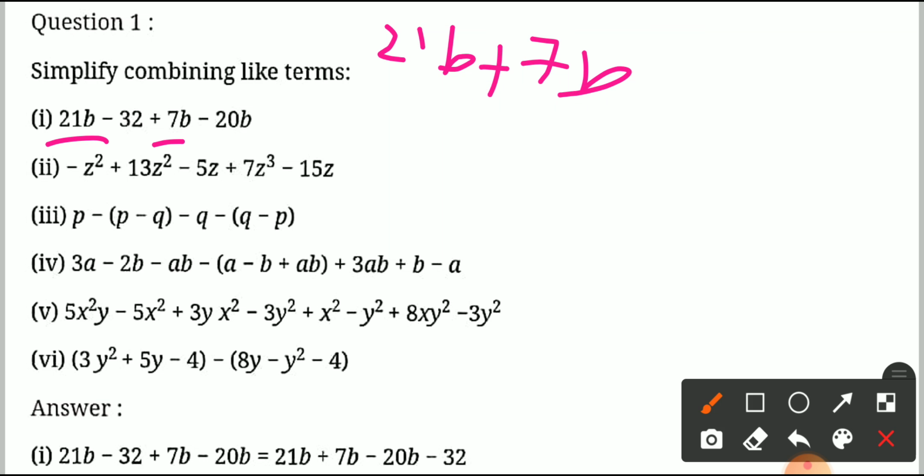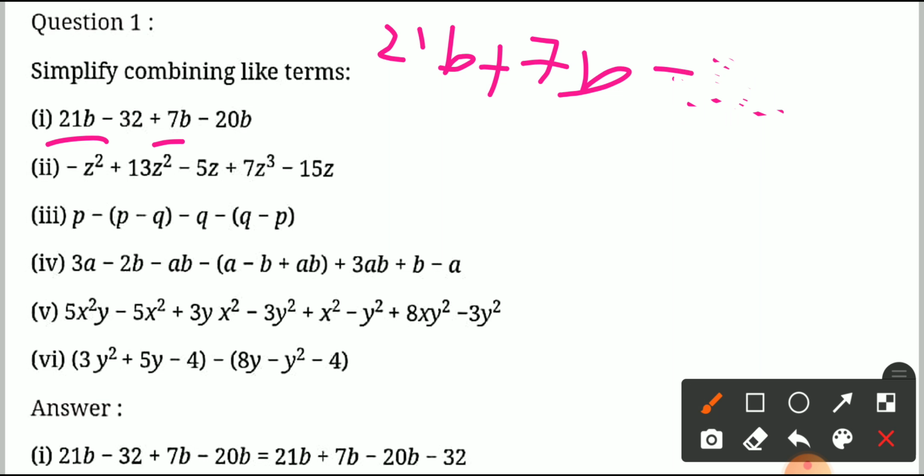Remember one thing, we have to take the number along with the sign together. So 21b and plus 7b we will write together. Then minus 32. One more thing is there I had not seen. Along with the 21b, here we also have 20b.